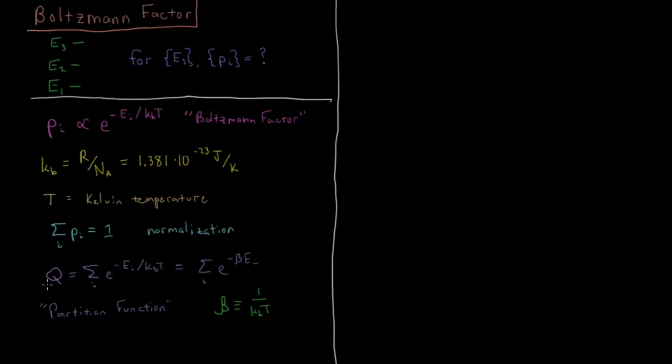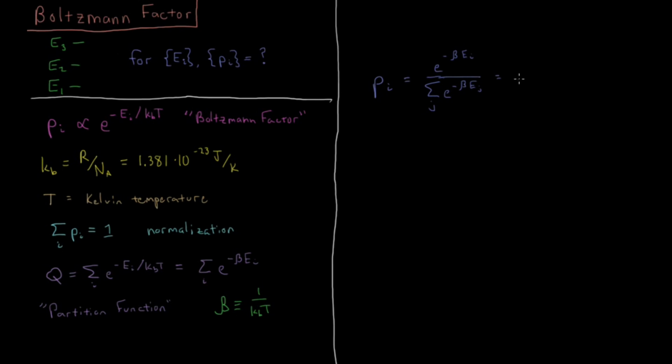Okay, so now that we've got this partition function, which is the sum of all of our probabilities that are not normalized yet, we can get our final normalized probabilities. So the probability of the system existing in a given state is going to be e to the minus beta, energy of that state, over the sum over a different index variable, say j, of e to the minus beta E_j.